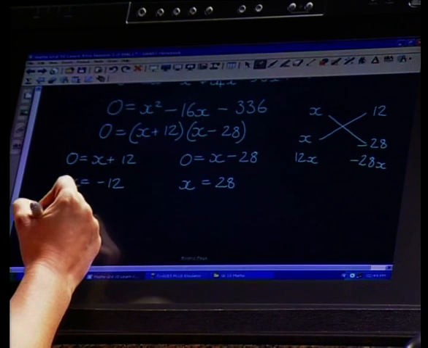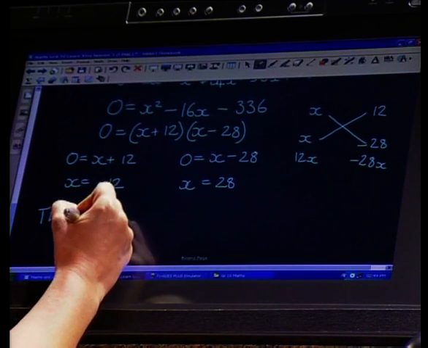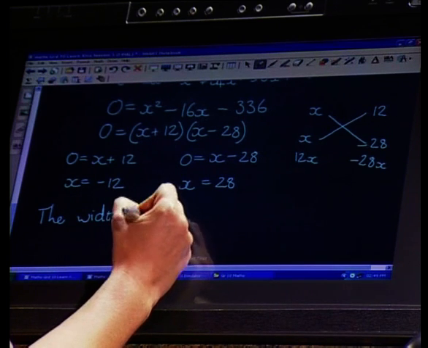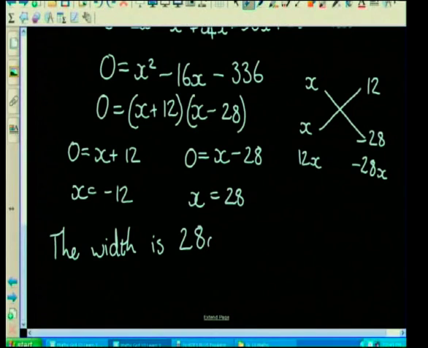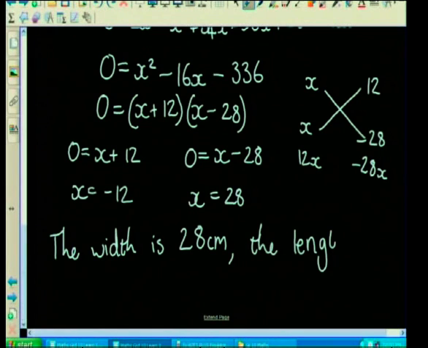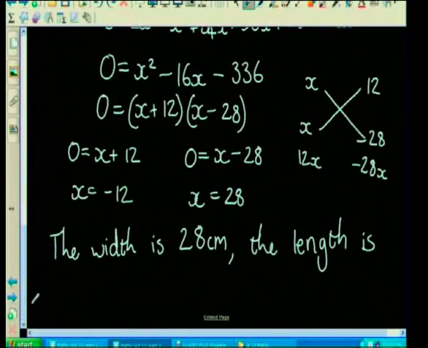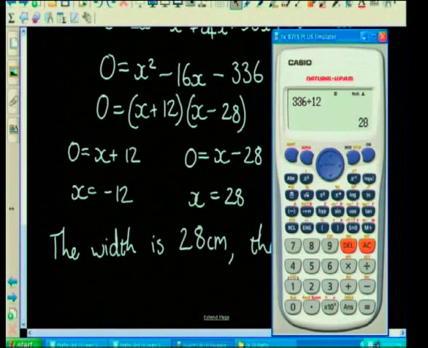We're going to write the width is 28 centimeters. The length is, well, the length was x plus 17, so 28 plus 17 is 45.